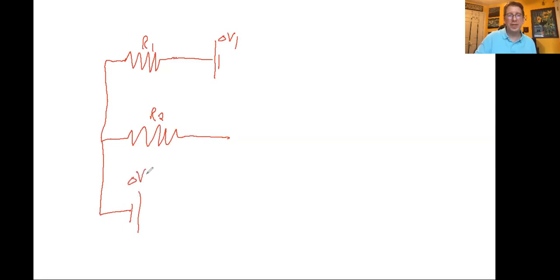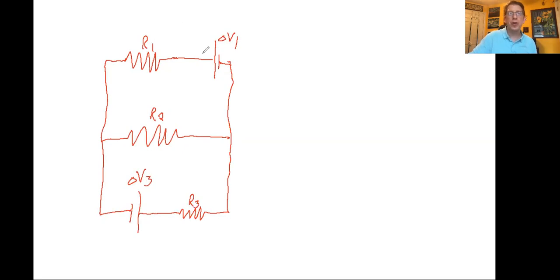And we'll have a delta V3. We'll call it delta V3 because it's on the third branch. So this is a basic circuit. So how would you apply Kirchhoff's rules? The first thing we're going to do is set directions of the currents. So we're going to have I1 going through R1, I2 going through R2, and I3 going through R3.